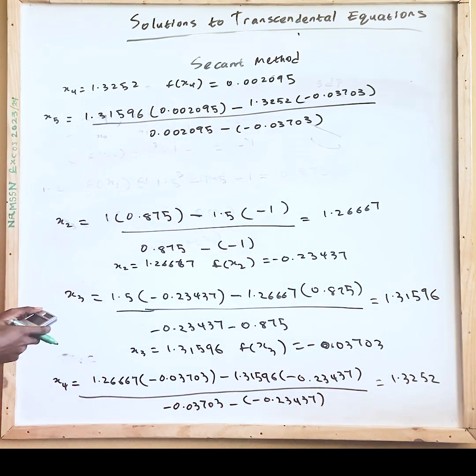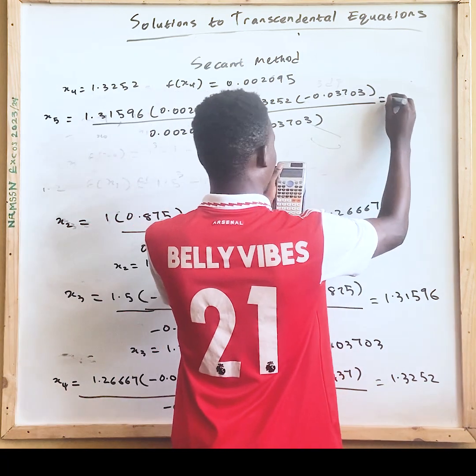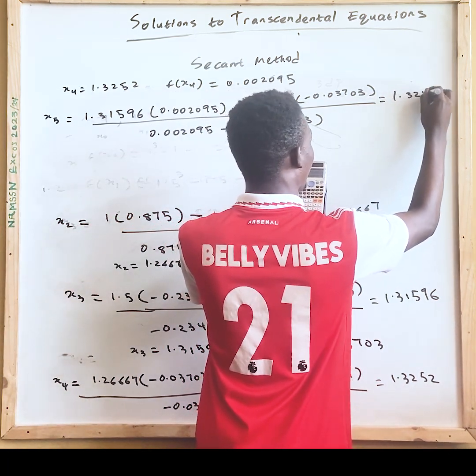So solving again, you have 1.31596. So I'm having x5 equals 1.3247.